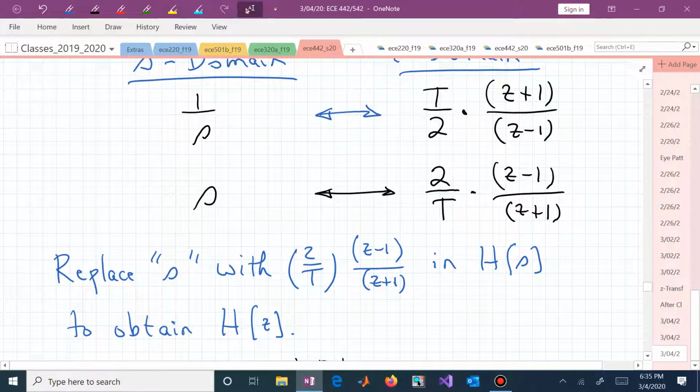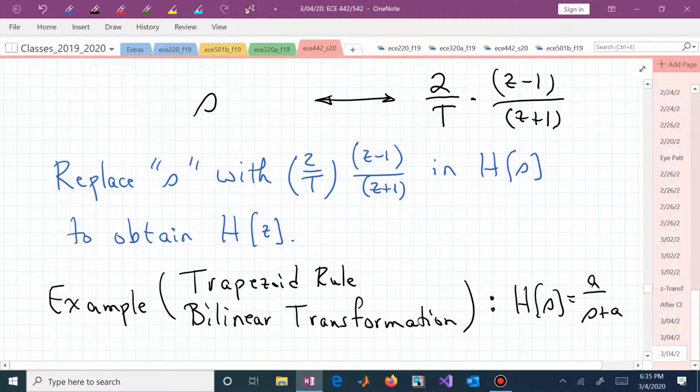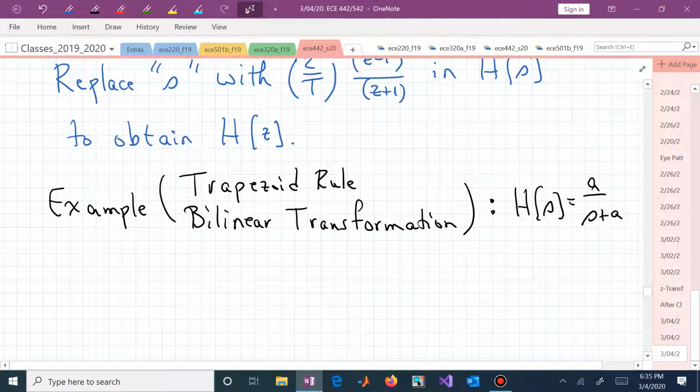So now, if you wanted to use the bilinear transformation or the trapezoidal numerical integration discrete equivalent, everywhere you have an s in H of s, you replace it with this expression, 2 over capital T quantity z minus 1 divided by quantity z plus 1. And you know what we're doing.